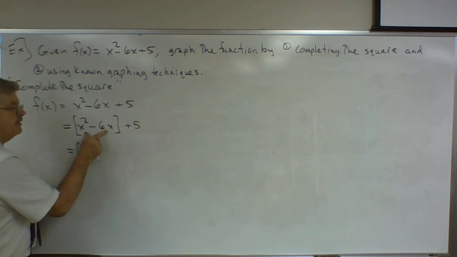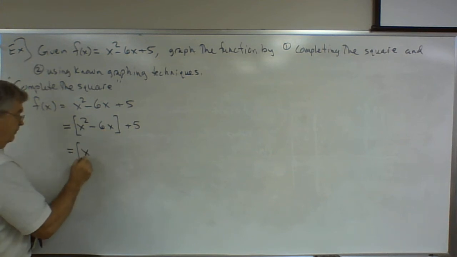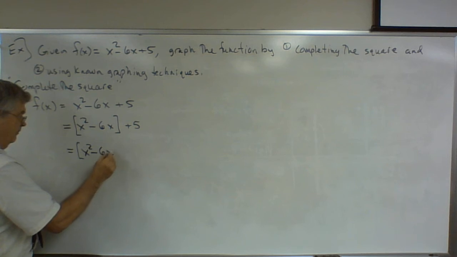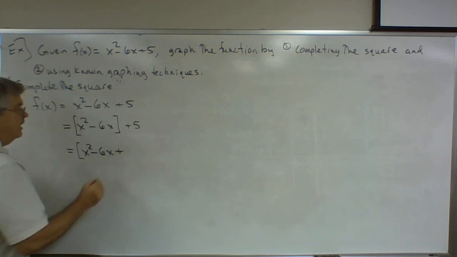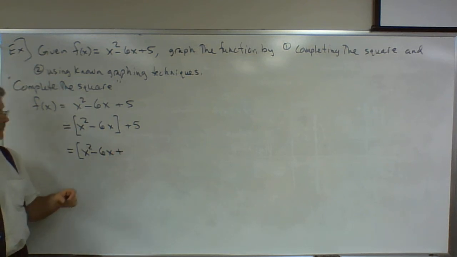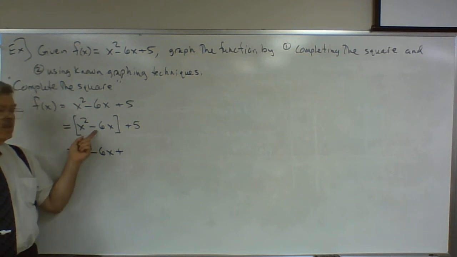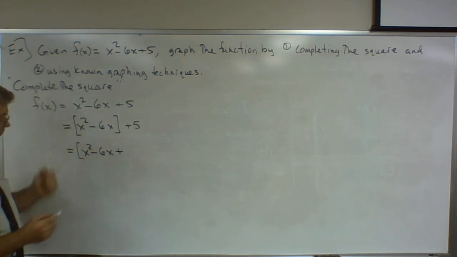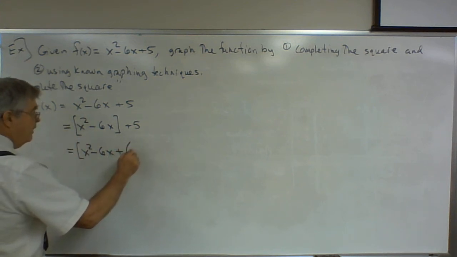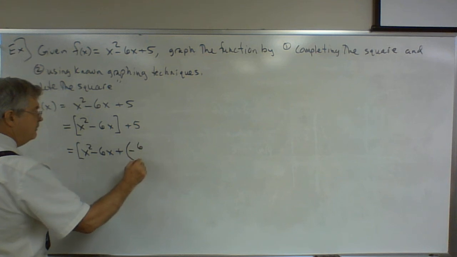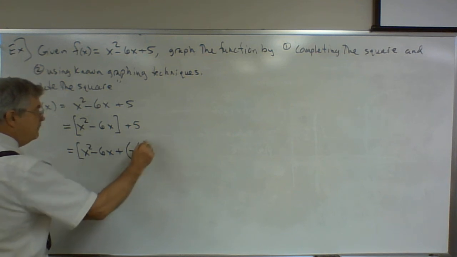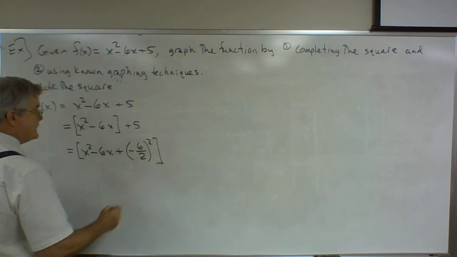This is the expression whose square I'm going to complete. And here's what I do. I take 1/2 the coefficient of x and I square it. So here I go. I take the coefficient of x, which is -6. I take 1/2 of that and I square it.